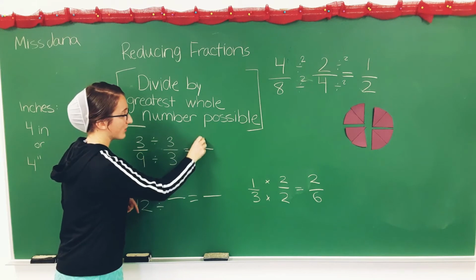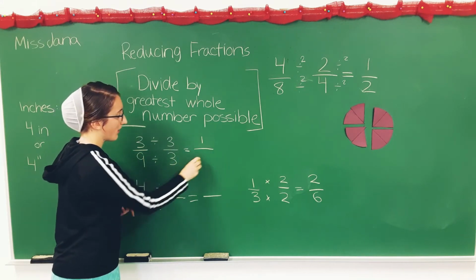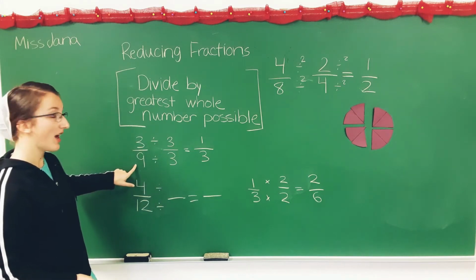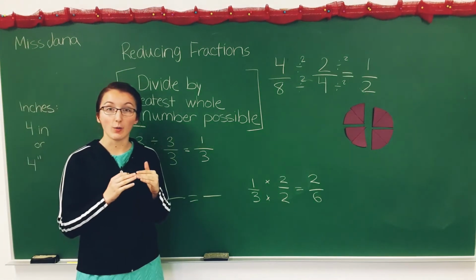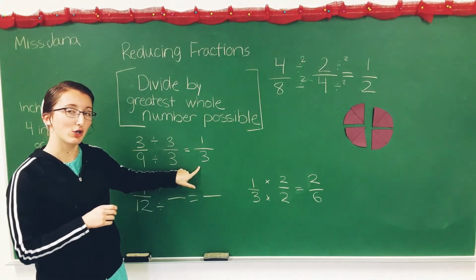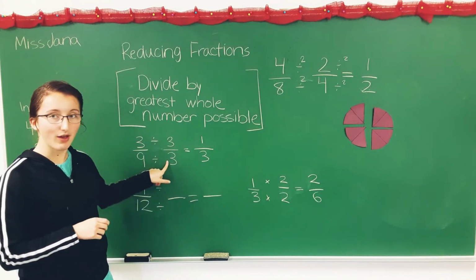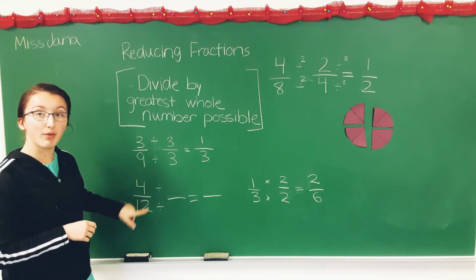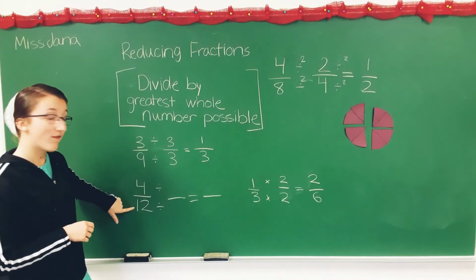3 divided by 3 is 1. 9 divided by 3 is 3. So 1/3 and 3/9 are equivalent, they're equal, but this is the reduced fraction. We divided it by a whole number. 4/12, we can divide both of these by 4.